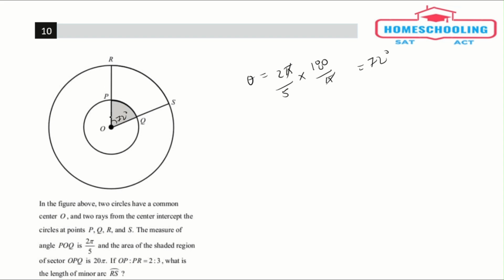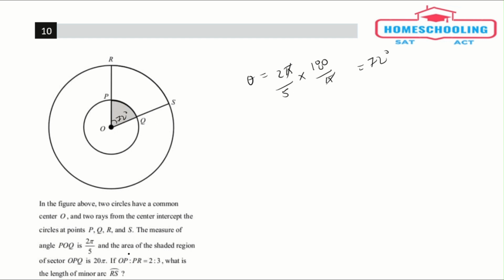From the area of sector OPQ we can find the radius of the smaller circle, and it is also said that OP and PR are in a ratio. So let's find the radius of the smaller circle first.